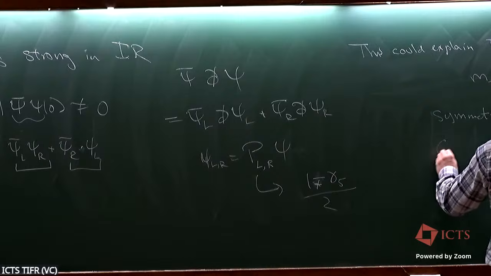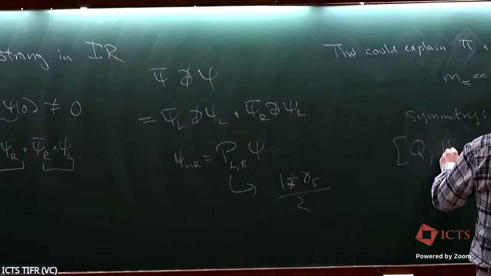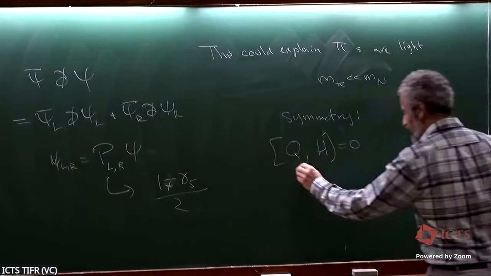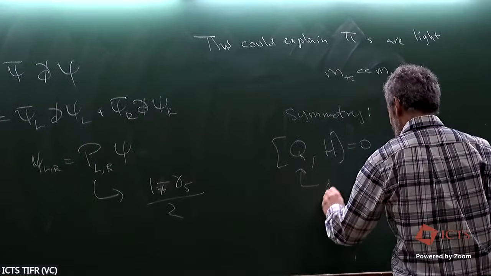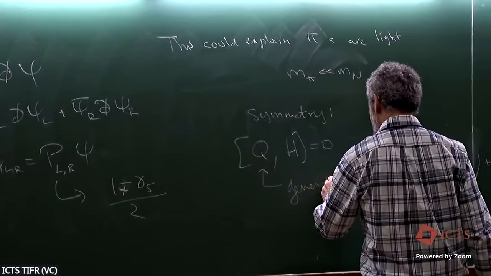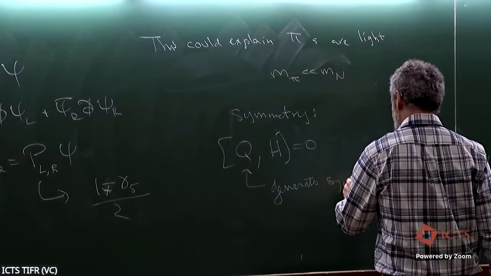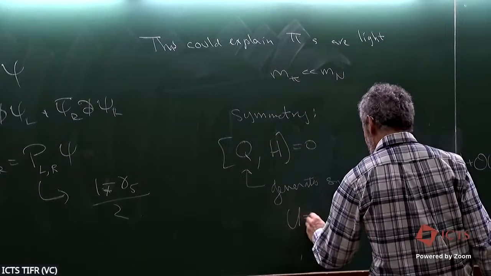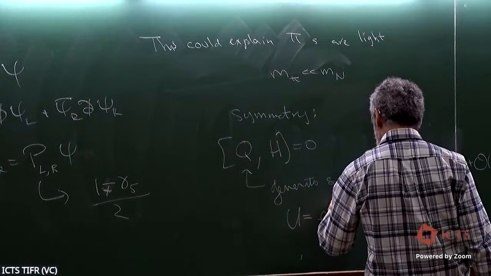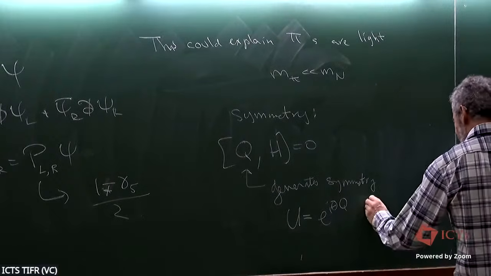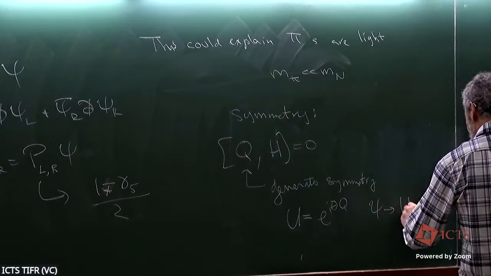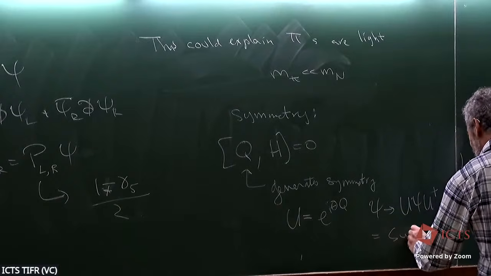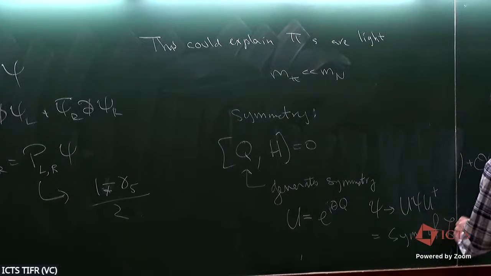There is some Q which commutes with the Hamiltonian. Q is the generator of the symmetry. Namely, if I define U equals e to the i theta Q, then psi goes to U psi U dagger, which is a symmetry of the Lagrangian.